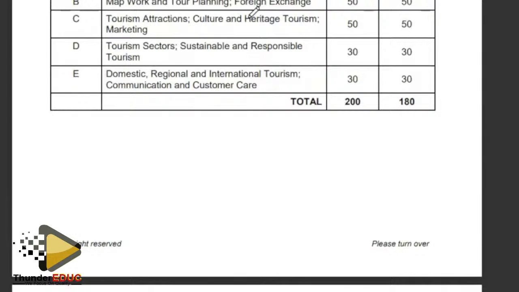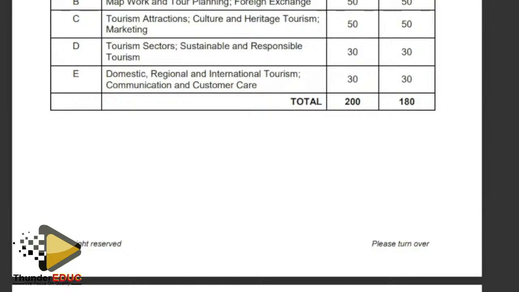We'll also look at world heritage sites which are found in South Africa. Section D, which is made up of 30 marks, consists of our tourism sectors, sustainable and responsible tourism. Then the final topics will be found in section E, where you look at domestic, regional, and international tourism. Then you also look at communication and customer care.